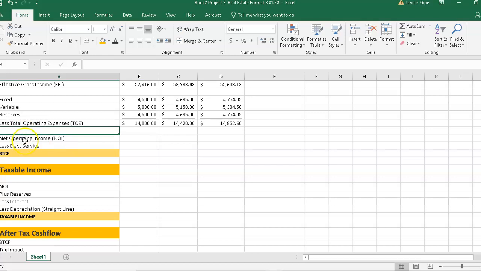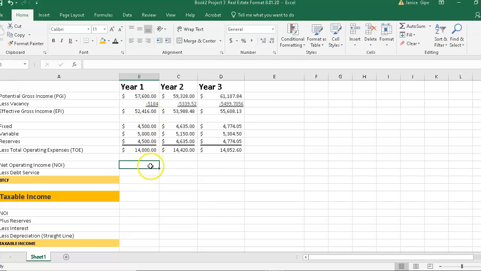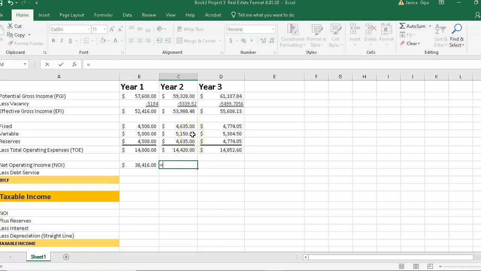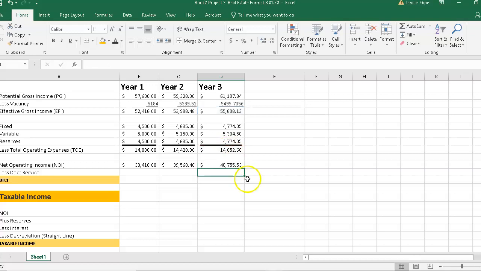Net operating income, with the effective gross income, you subtract, so you take your effective gross income minus your, less total operating expenses, and then you do the same with the second year, and minus the expenses again, and again effective gross income of $55,608.13, and minus your operating expenses for the third year. So now we have the net operating income.